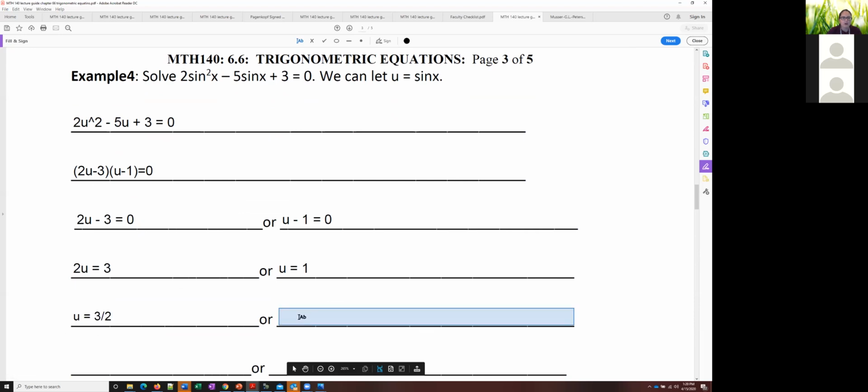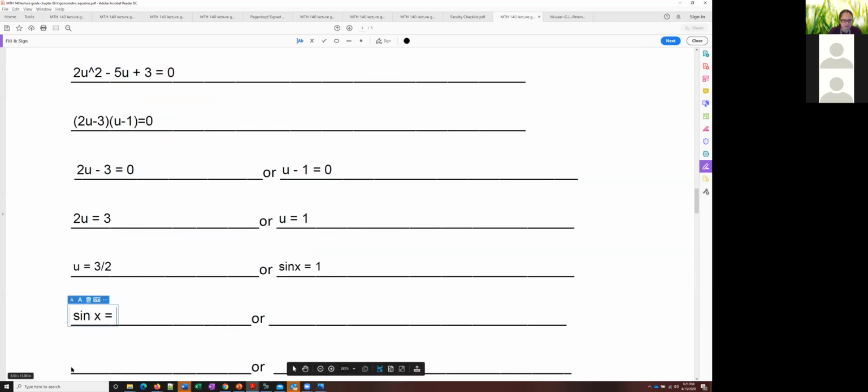Let's see, what was u again? u was equal to sine x. So we can rewrite this as sine x equals 1, and down here, we have sine x equals 3 halves. If sine x is equal to 1, then x would be pi over 2 in the interval from 0 to 2 pi.